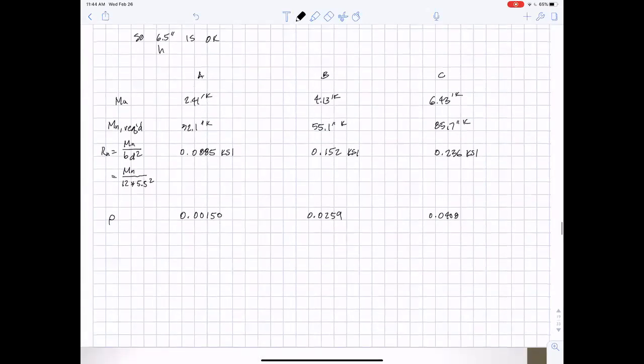And then AS is just rho times BD, times 12 times 5.5.